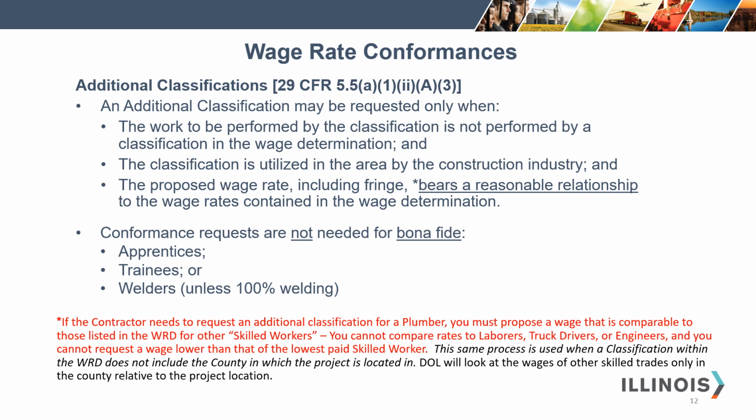The same process is used when a classification within the wage rate determination does not include the county in which the project is located. So, for example, if the plumber is listed in the wage rate determination, but it does not include the county of the project, you still would use this same process when proposing to add that classification.